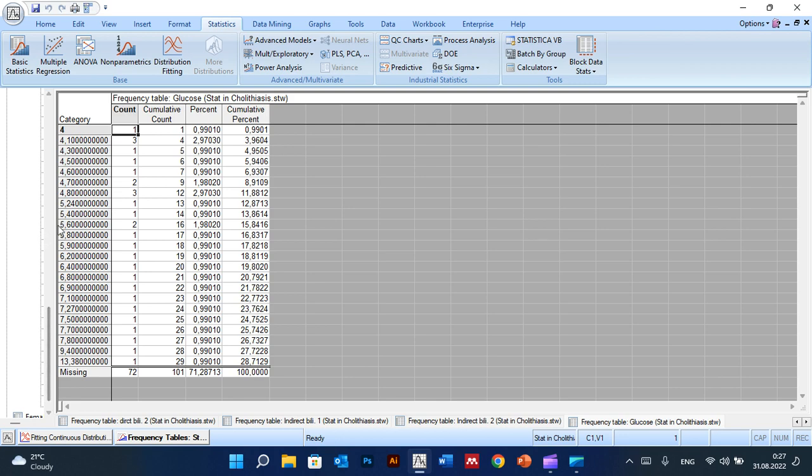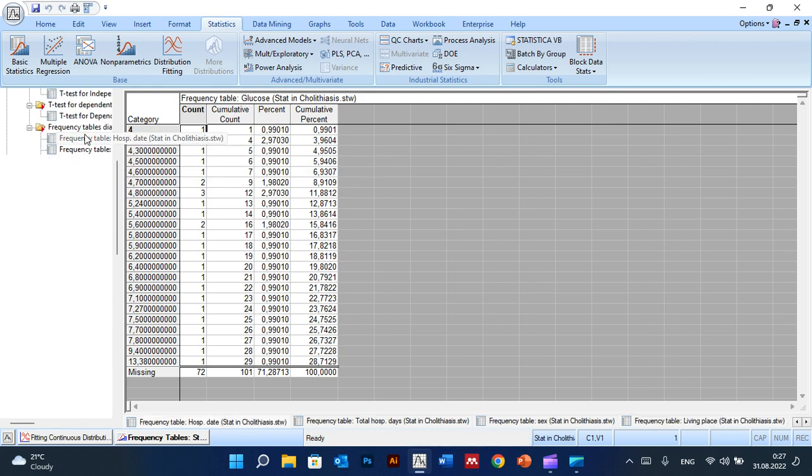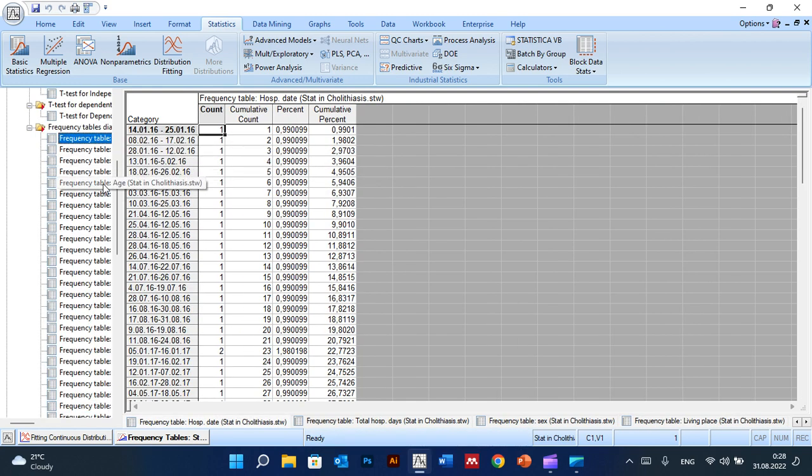So we start, for example, with the first frequency table. It is about the hospitalization date.